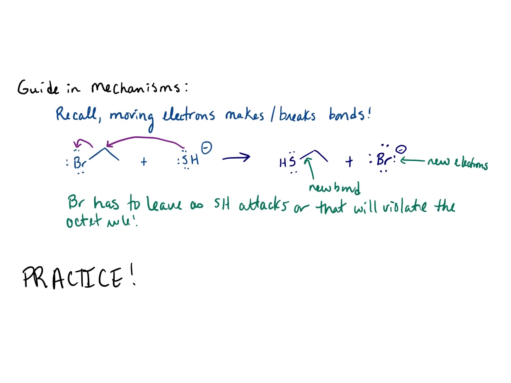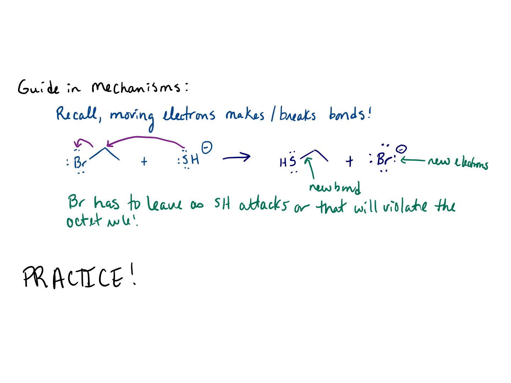When it comes to doing mechanisms, there's a lot of things we have to consider. I see this sort of as windshield wipers. When one of them moves, both of them move. So a lot of times there's one arrow that leads to another arrow, or sometimes more than just 2.